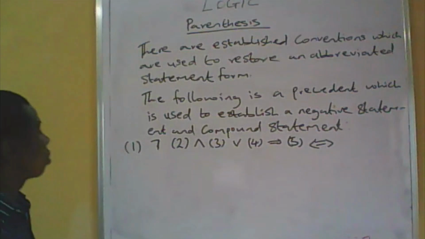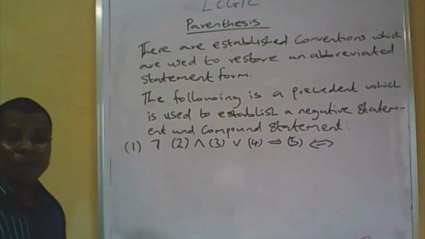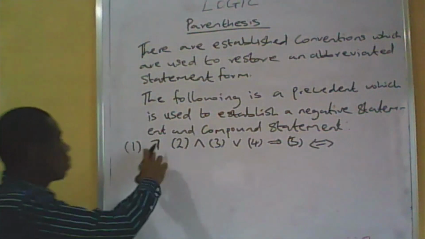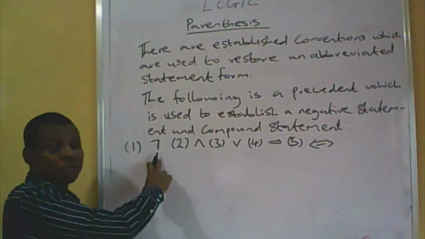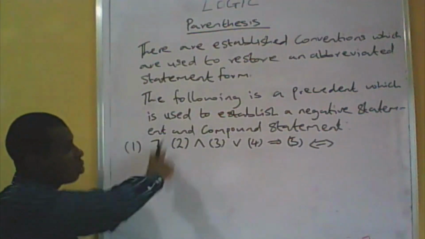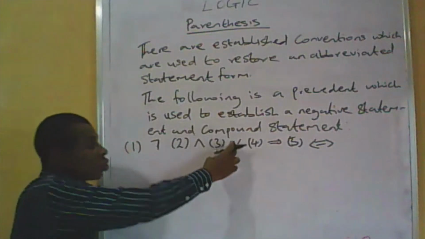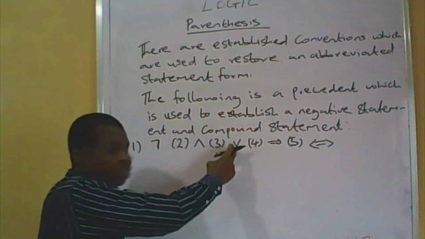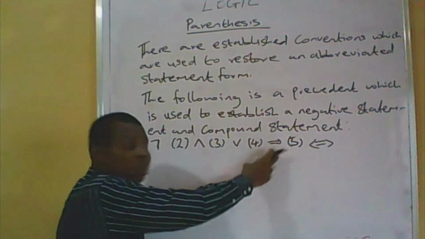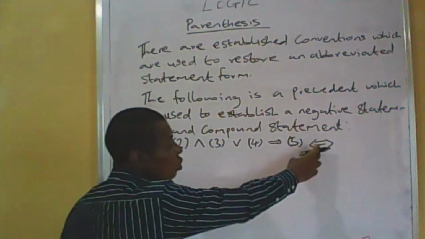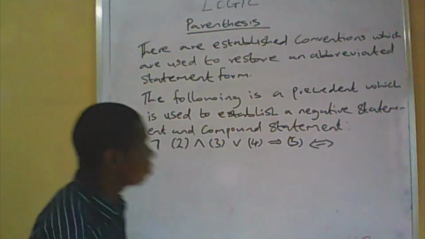So whenever we see connectives in an abbreviated statement form, we first of all consider the not connective. Then after that we go to the and connective, that is the conjunction connective. Then the or connective, that is the disjunctive connective. Then the implies connective, that is the conditional connective. Then the if and only if connective, that is the biconditional connective.